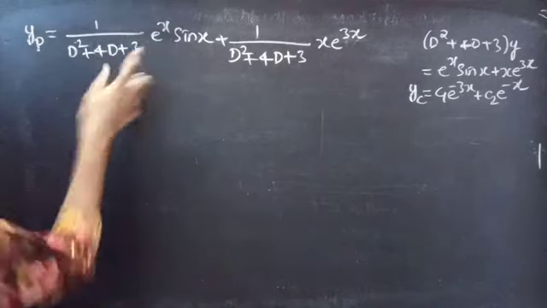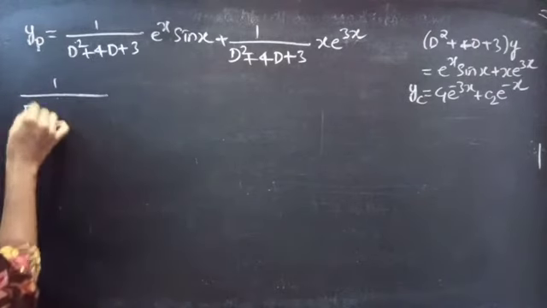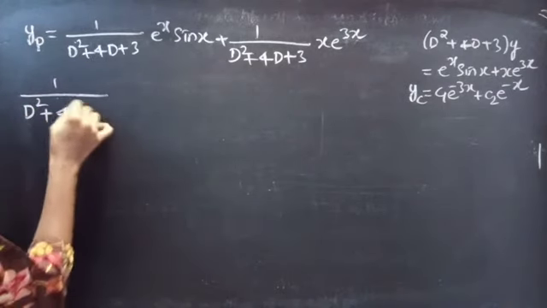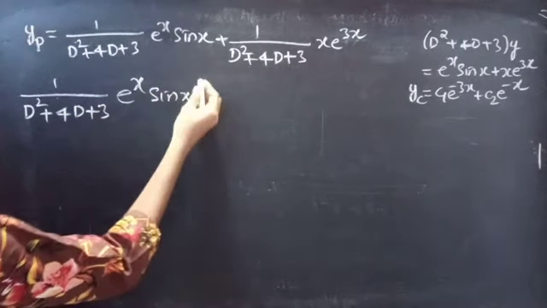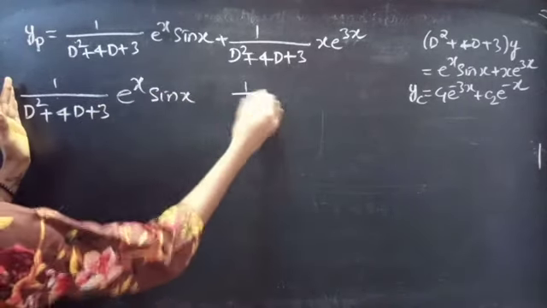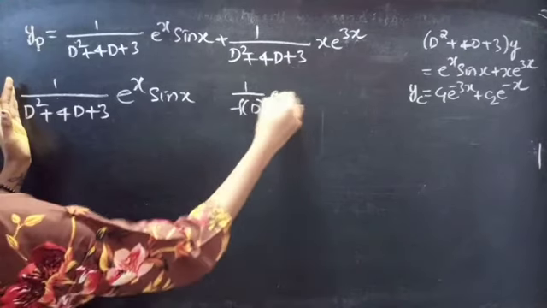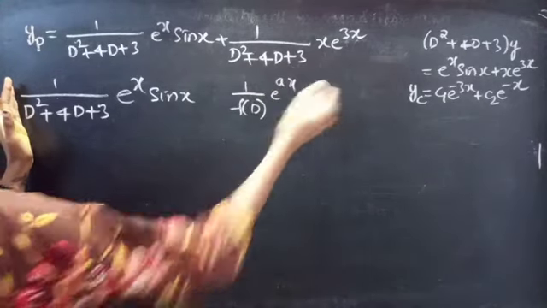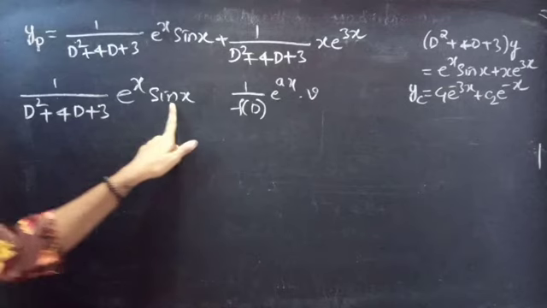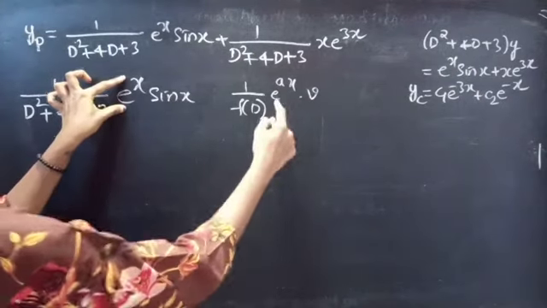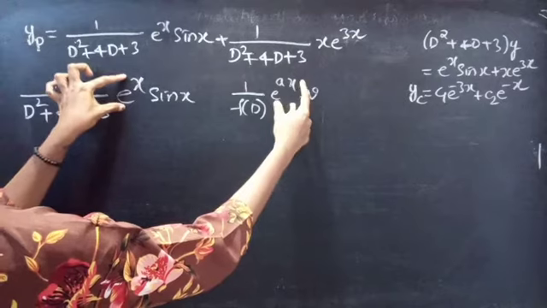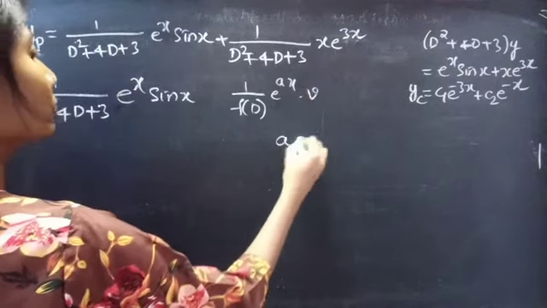Let's find the first term: 1 by D square plus 4D plus 3 into e power x into sin x. So this is of the form 1 by f of D into e power ax into some V, where V equals sin ax otherwise. Now compare e power x with e power ax for a equals 1.